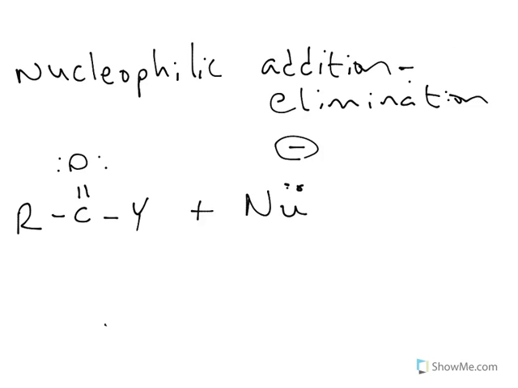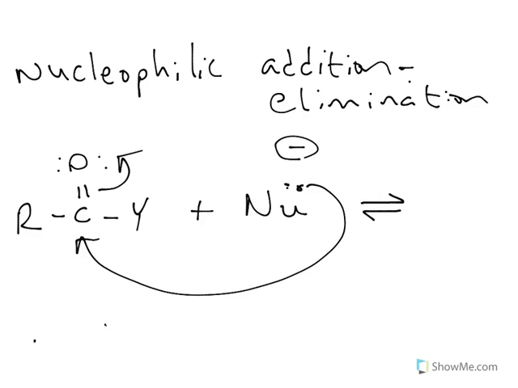Nucleophilic addition, we've already seen this with aldehydes and ketones. It's not going to be anything new. We add to the carbonyl carbon as we've seen before, and then there's our nucleophile.